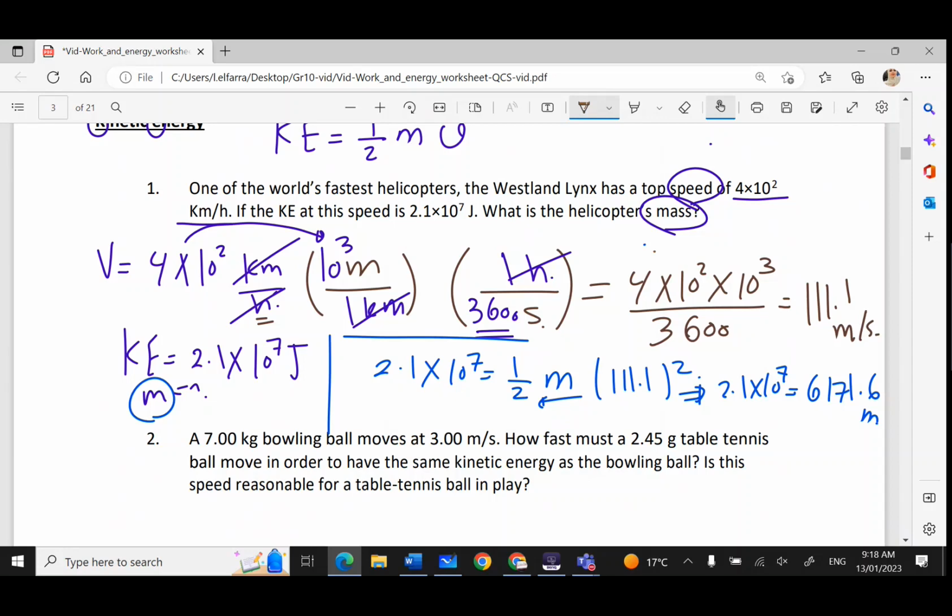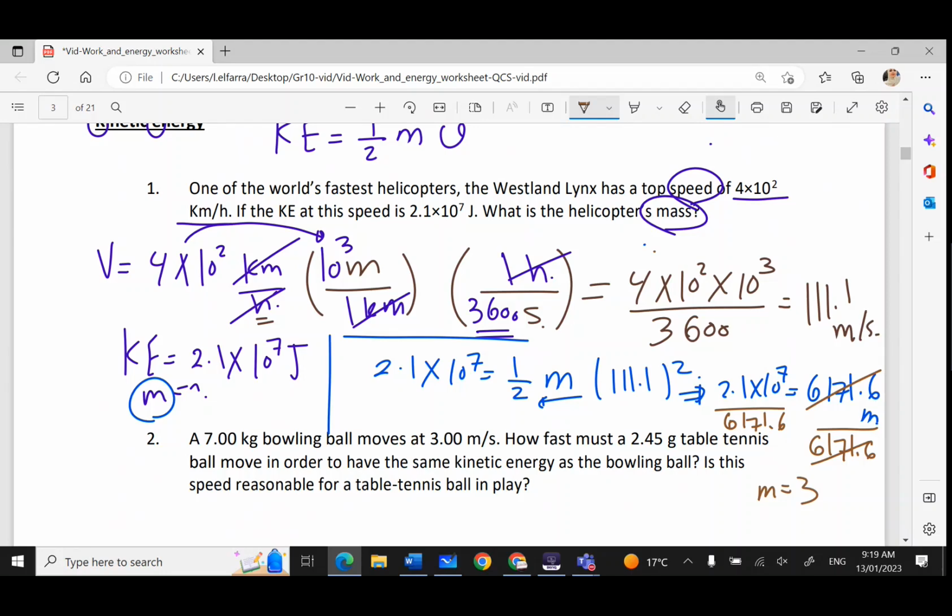Since you don't have any sign, positive or negative, it's multiplication, and the inverse of multiplication is division. So I'm going to divide both sides by this number, 6,171.6 divided by 6,171.6. And then you find m. After you do that, it's around 3,000.